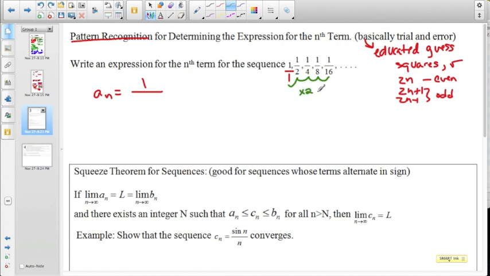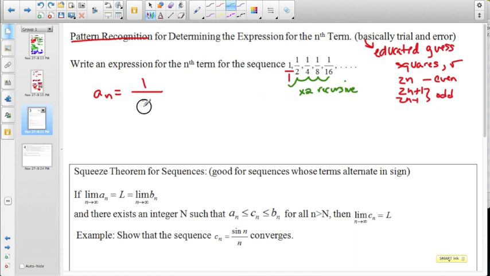And if we can see that recursive behavior is always successive multiples. So in other words, since this is always times 2, we're going to have 2 to a power in the denominator. If this was 1, 3, 9, 27, 81, where it was always times 3, then we'd have 3 to a power in the denominator. So that recursive behavior helps out to find out how to write the denominator.